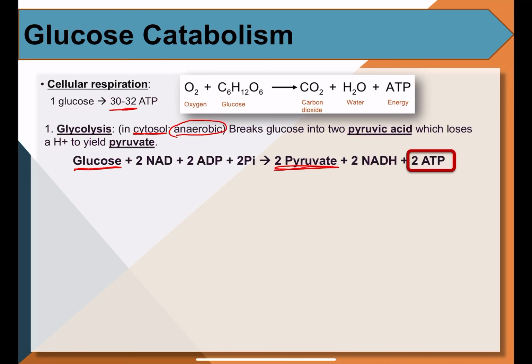It has a net gain of 2 molecules of ATP. If you look back into your notes, maybe from a previous biology textbook, you will see that it actually makes 4 ATP, but because we need to spend 2 ATP molecules within glycolysis, we make a net gain of 2 ATP molecules.